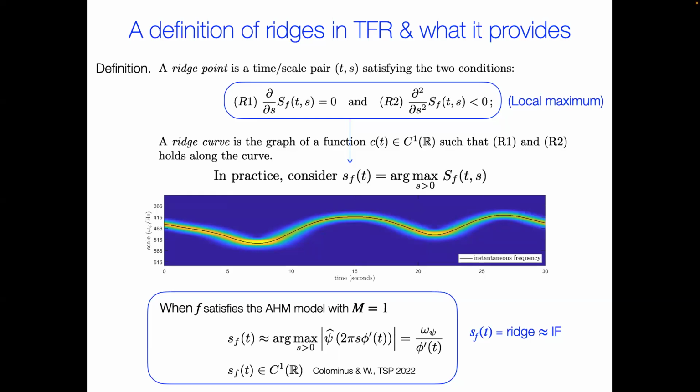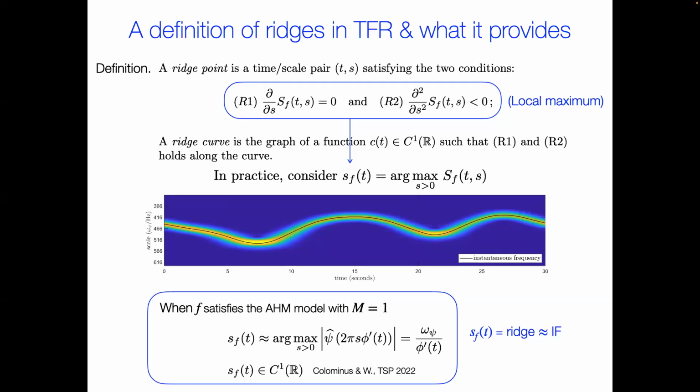And you can also show s f of t is actually C1. It is a derivative in the scale domain, and you want C1 in the time domain. Clearly, that is the implicit function theorem, so we just use the implicit function theorem to show C1. And by the argument in the previous slide, the ridge is roughly the instantaneous frequency.